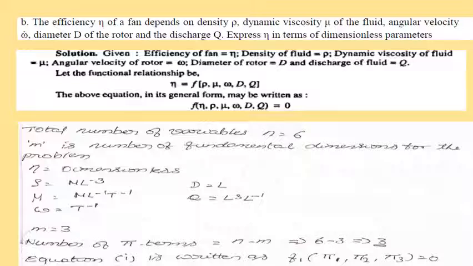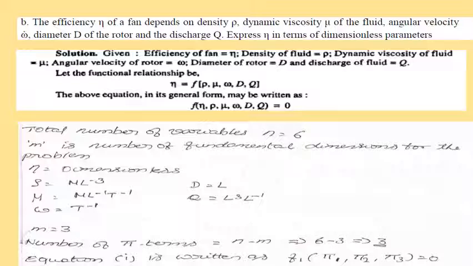Omega is 1 by time, that is T^-1. Since these are the dimensions of the variables, the fundamental dimensions are 3. For that reason m is taken as 3.